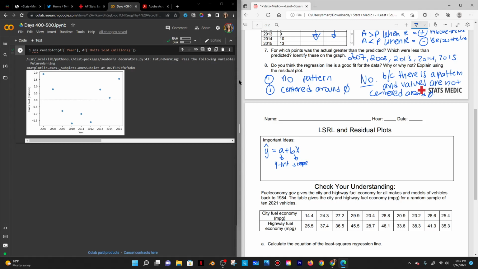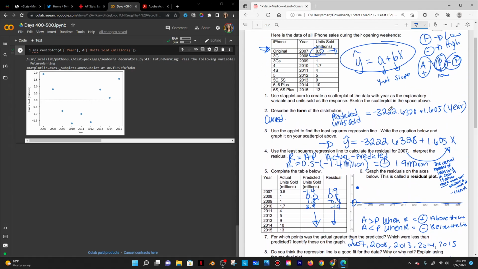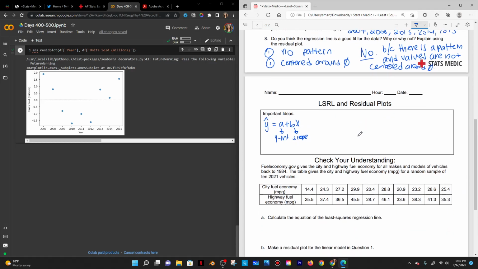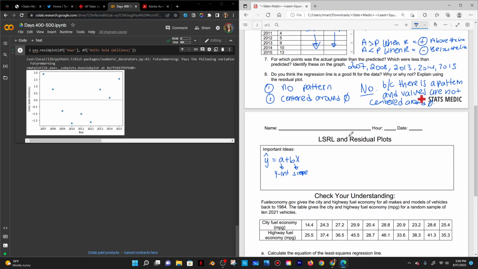And the question was, is this the best line to predict the iPhone 8? And we did that by checking the residuals.